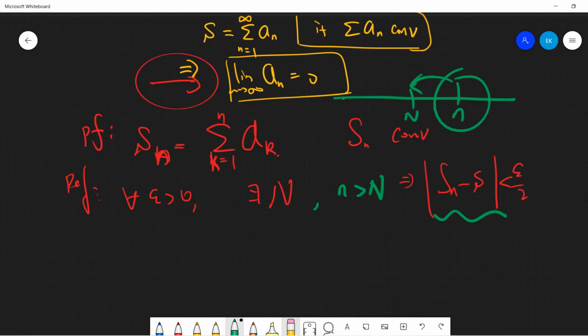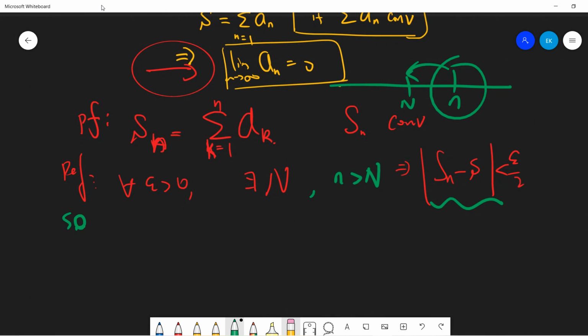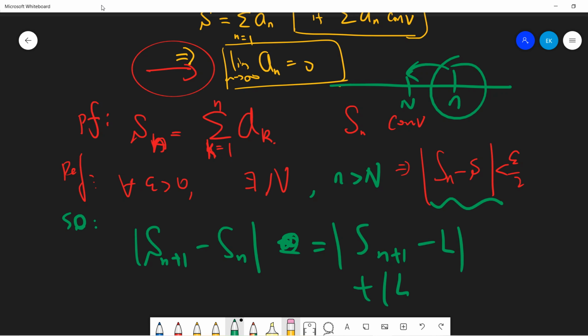So now, |S_{n+1} minus S_n| is less than or equal to |S_{n+1} minus S| plus |S_n minus S|. Let's do it slowly.